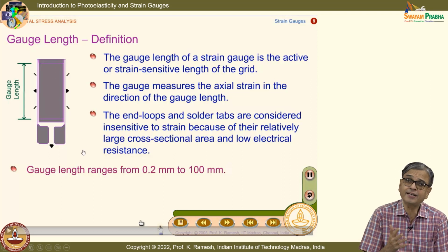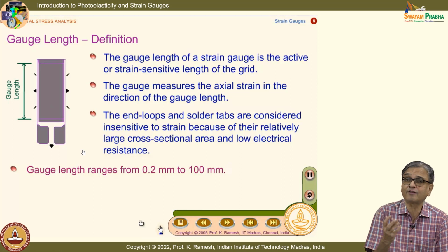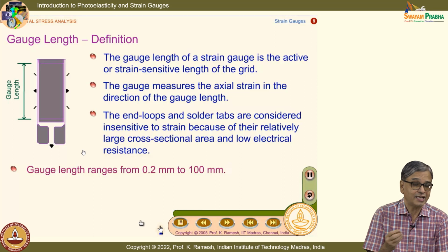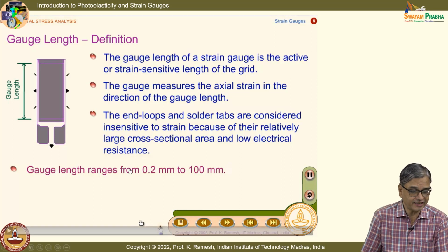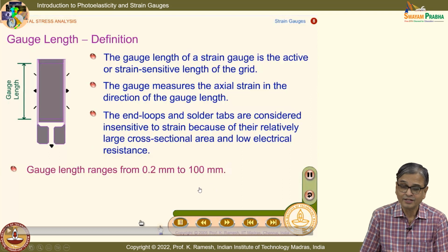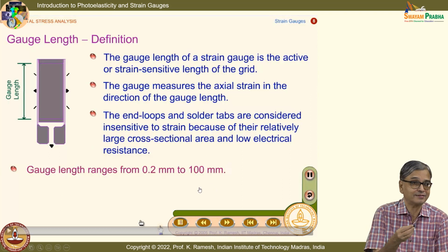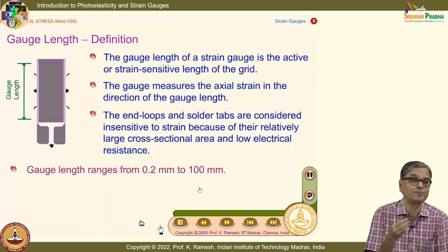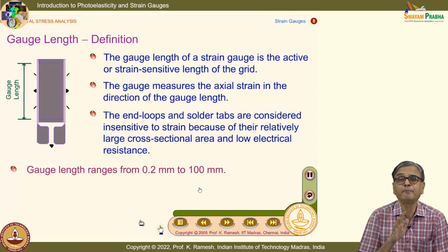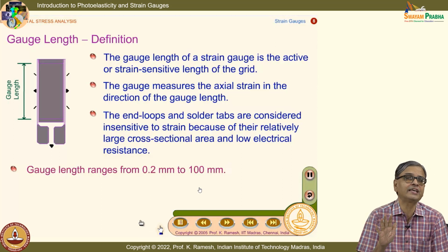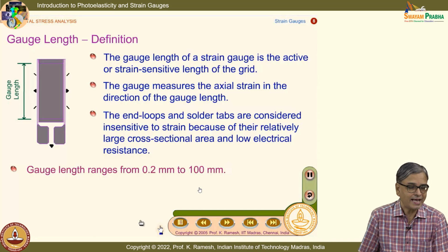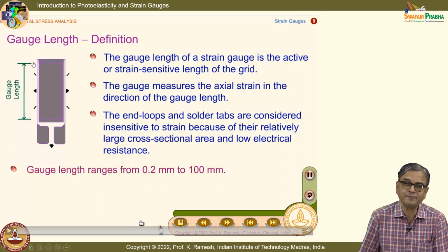And when you say strain at a point, you may think that I want to measure at a point. We have gauge length ranges from 0.2 millimeter to 100 millimeter. So, you can't have a point. The minimum length is 0.2 millimeter, but many of the common strain gauges readily available have a gauge length of 3 millimeters.